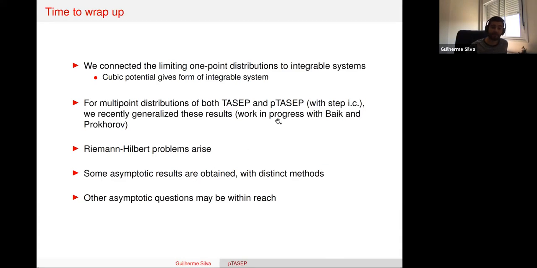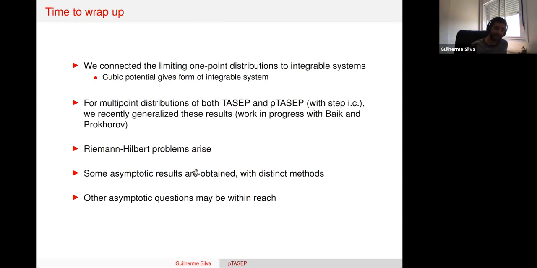We also have for the TASEP, not the periodic, a matrix version of the Painlevé-2 equation, or several matrix versions of the Painlevé-2 equation. We're still working on the possible asymptotic results from there, so it might take a little bit still to get that announced on the arXiv, but we're working on that.